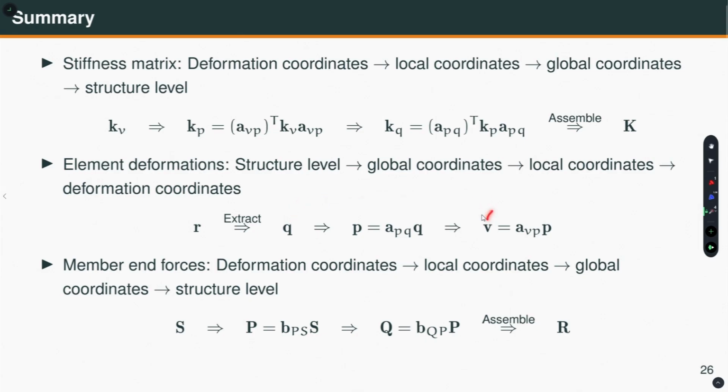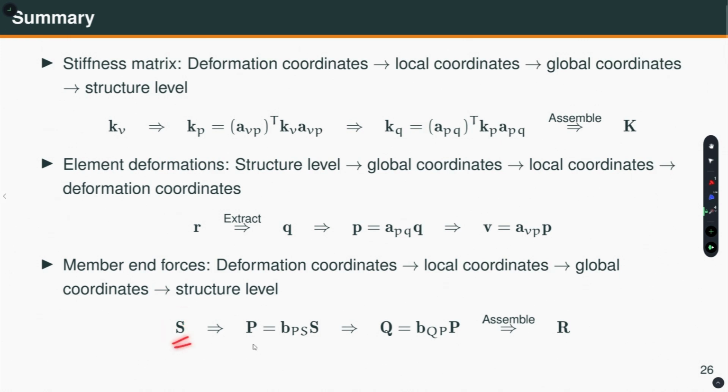Okay. Then for the member end forces, we calculate in the deformation coordinates, because imagine you have a nonlinear beam column element, which we will discuss in this course. Once you know the deformation, you can do the state determination and determine the member end forces for a nonlinear beam column element. So, S is known, let us say. Then how do you go to the structure level?